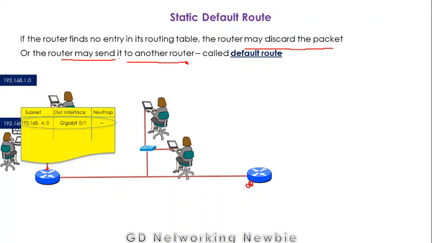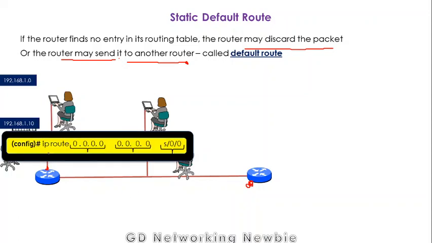We also have the same concept here. So this can send to the next router. What we have to do is use the same command, ip route, which we have been using to configure the static route. So again, static route. Instead of mentioning any specific subnet or any specific host, in the IP address we use 0.0.0.0 and in the subnet mask as well 0.0.0.0.